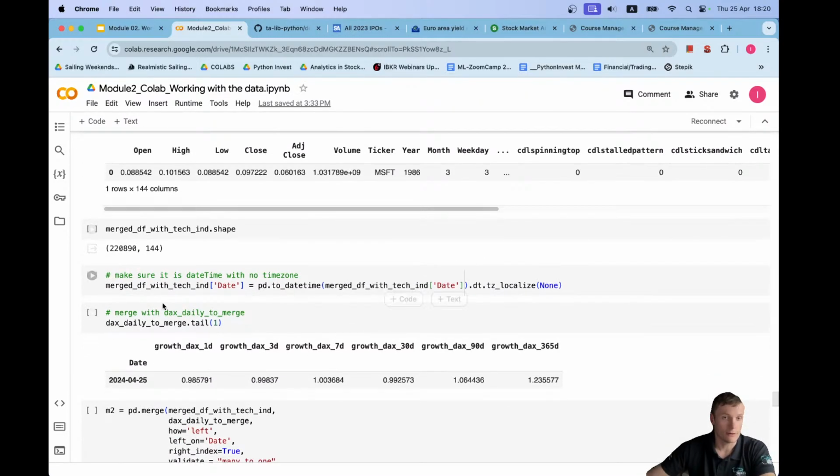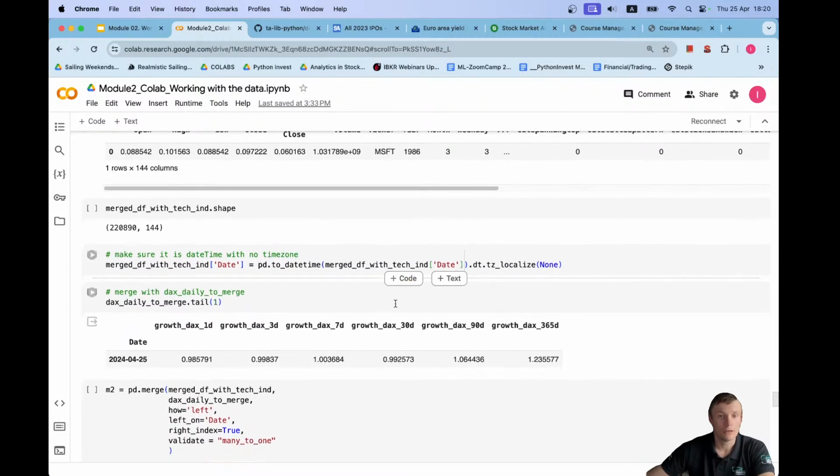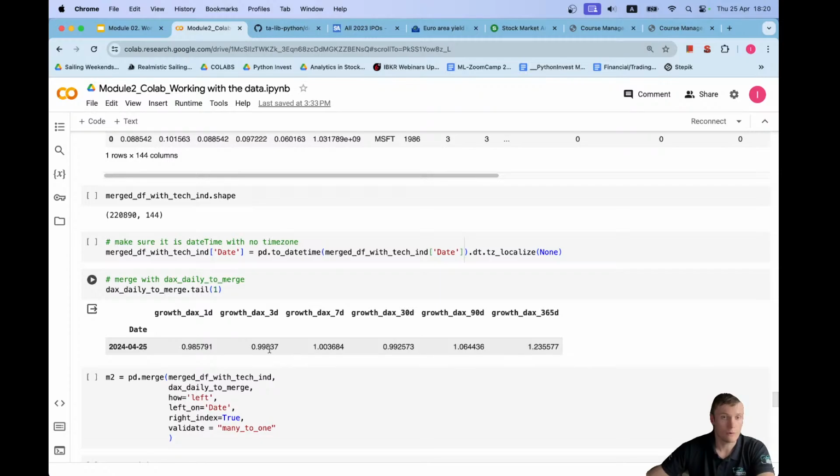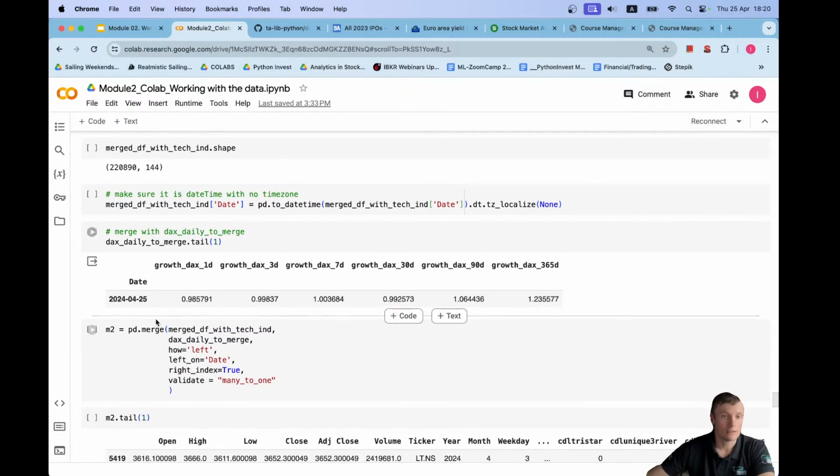I also need to convert date so that it doesn't have a local time zone, so that the merge goes well. And I join with the first data set, which is a daily DAX growth stats, DAX index. Say for today, growth stats are like this, and it's not ideal because the trading day is not over, and you better run it when the market is closed, so that you get better results.